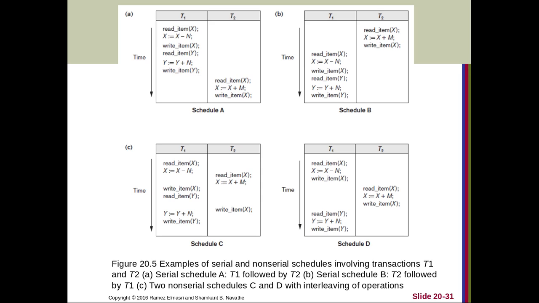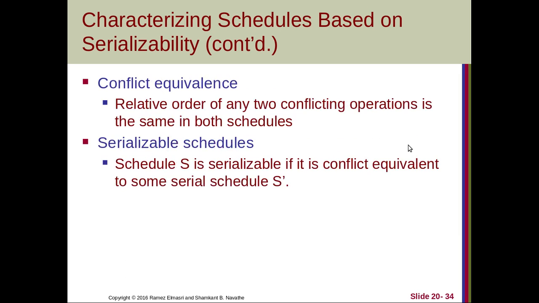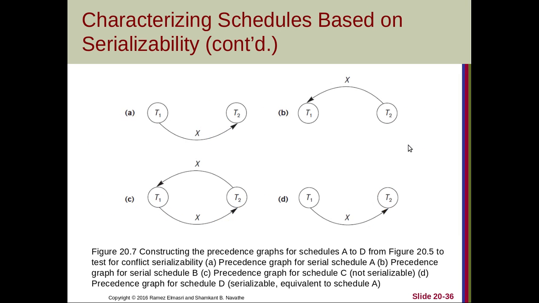The operations come serially, one after the other. So there is a read and write, write and write, read and write, and an arrow from T1 to T2 only. In that case there are no cycles.